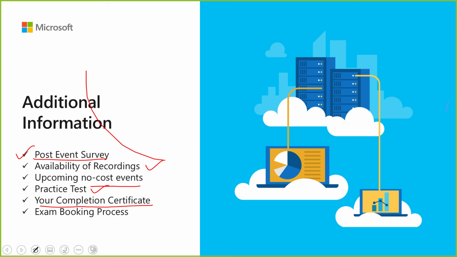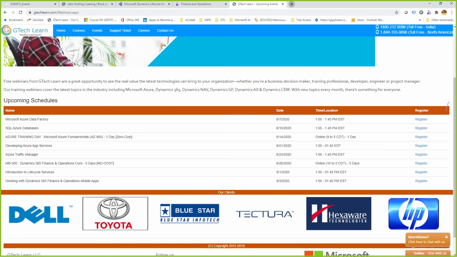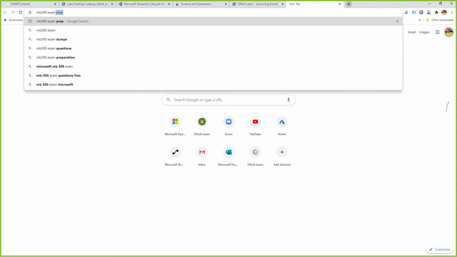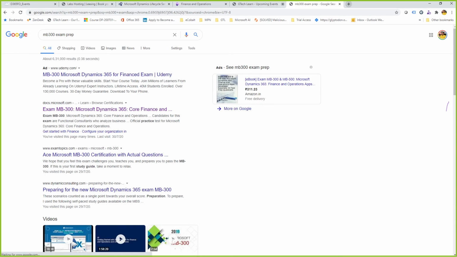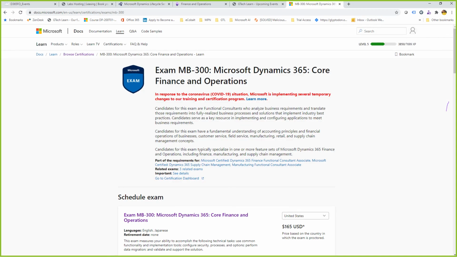You can always book your exam directly from Microsoft. When you're preparing for certifications, you go to the MB-300 exam page, and the important thing is to go to the official site itself, docs.microsoft.com, and right from here you can trigger the exam booking process. If you've got some vouchers or discounts, they will be applied during the booking process when you're booking it from Pearson VUE.